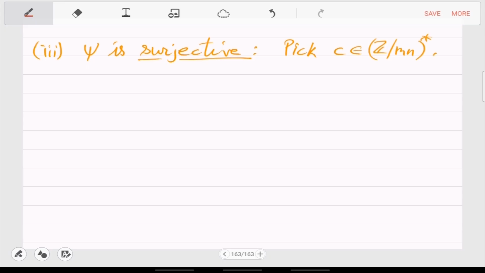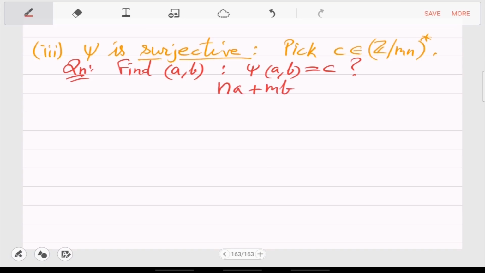So what you have to find is A comma B such that psi of A comma B is C. So basically you have to consider this equation Na plus Mb congruent to C mod Mn, right? So what is unknown here? A and B are the unknowns.